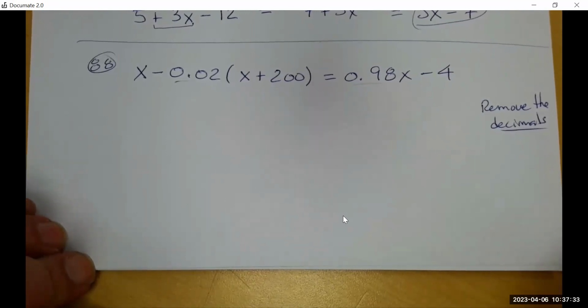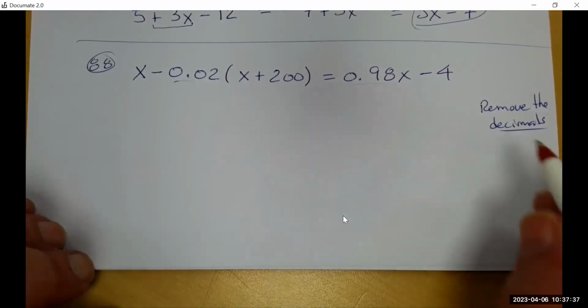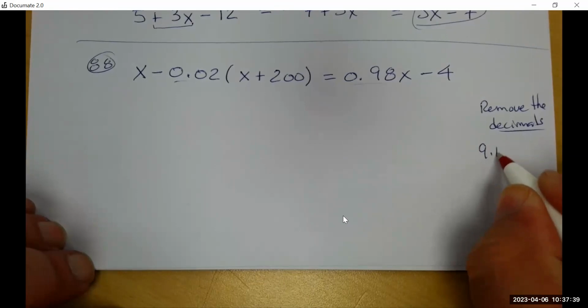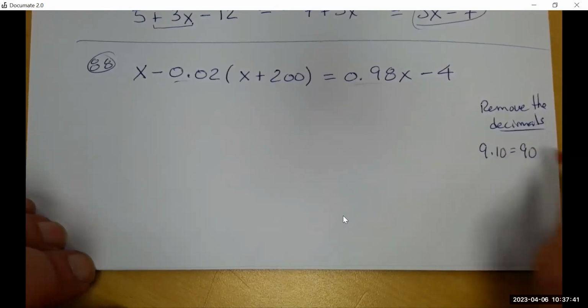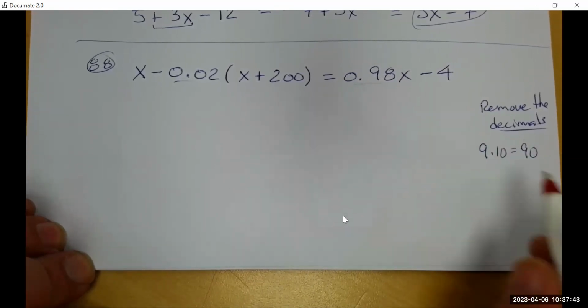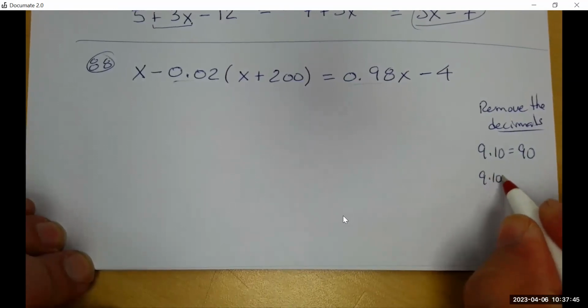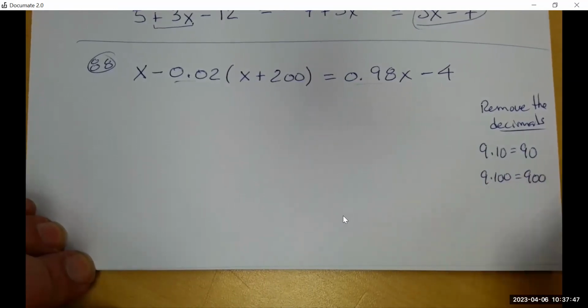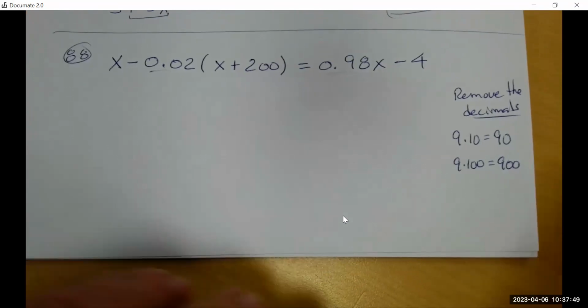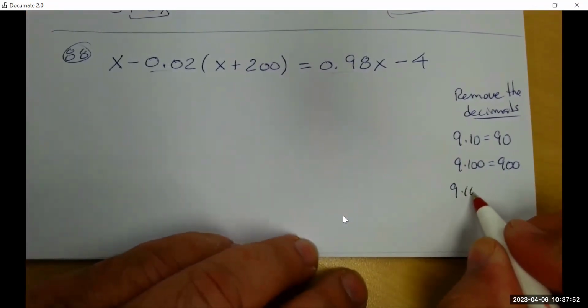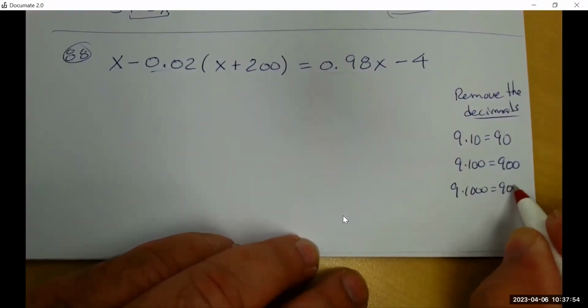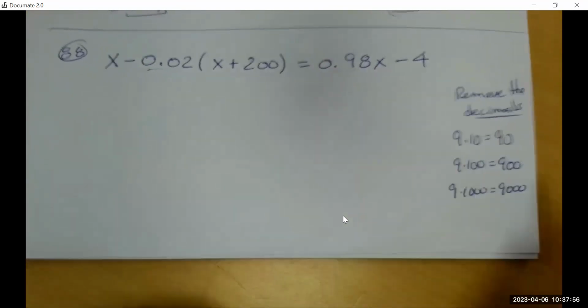Because every time you multiply by a 10, the decimal moves 1 to the right. For example, 9 times 10 is 90. 9 times 100 is 900. And 9 times 1,000 is 9,000.